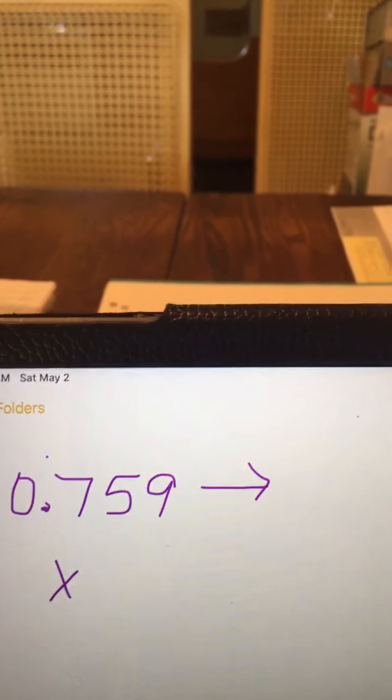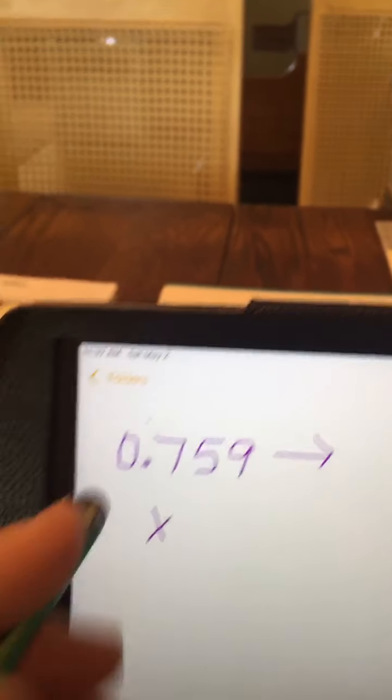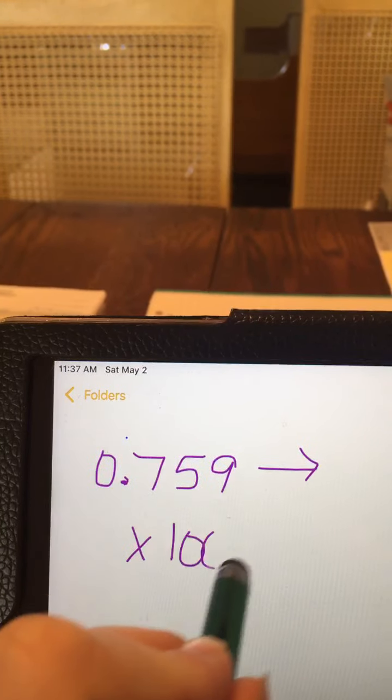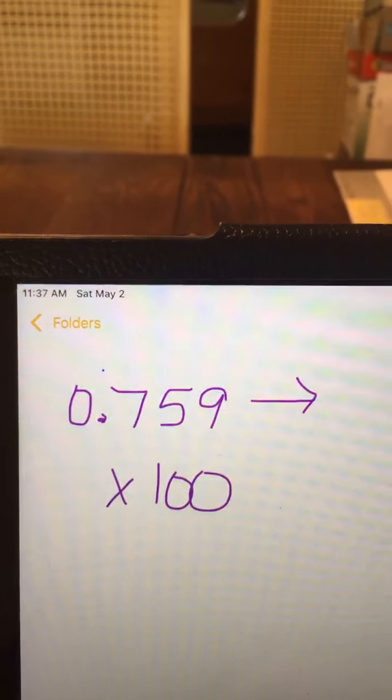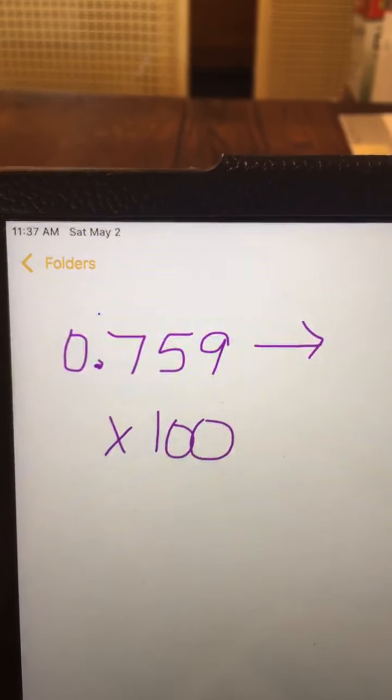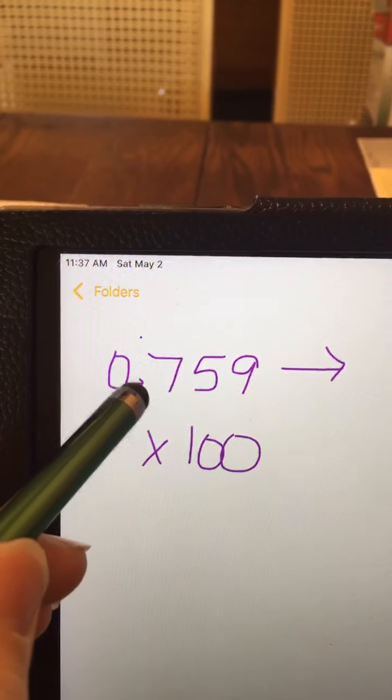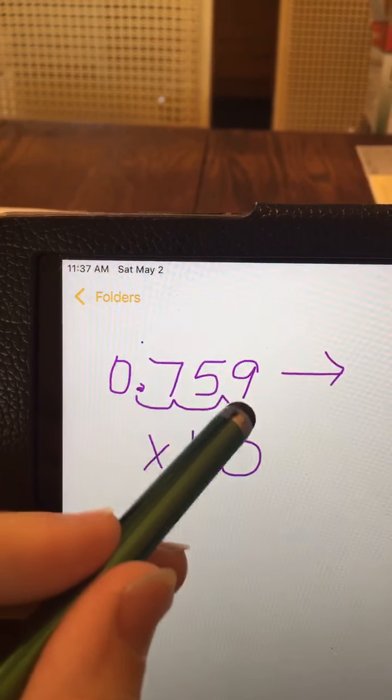Go ahead and use your calculator and do it right now. But what happens is the decimal point gets moved 2 places to the right.